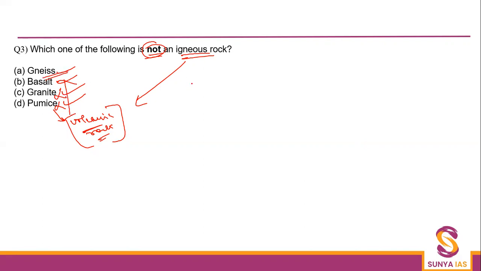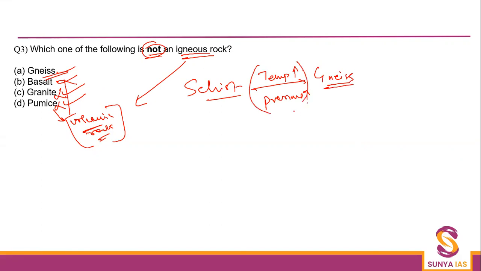What happens is that this rock, when it goes through very high temperature and pressure, converts into gneiss. High temperature and pressure means metamorphism has taken place. This has gone through metamorphism, and that is the reason gneiss is a metamorphic rock.